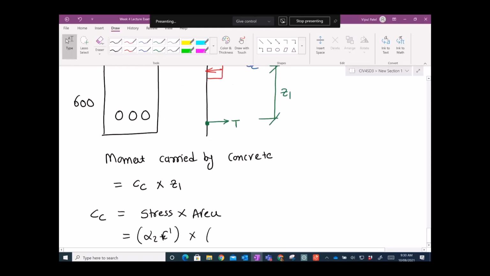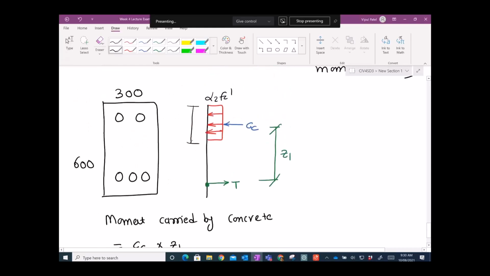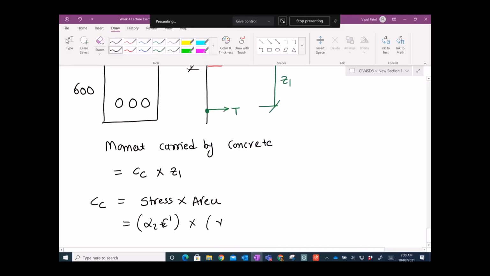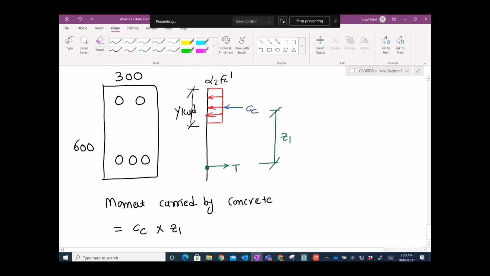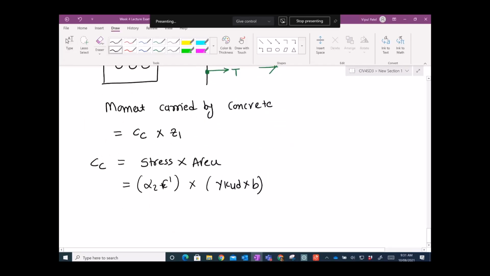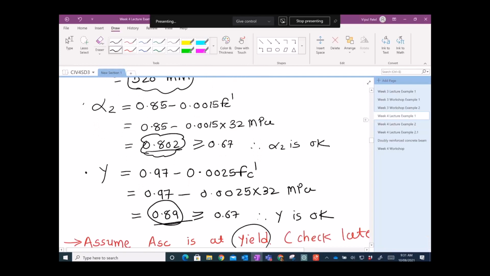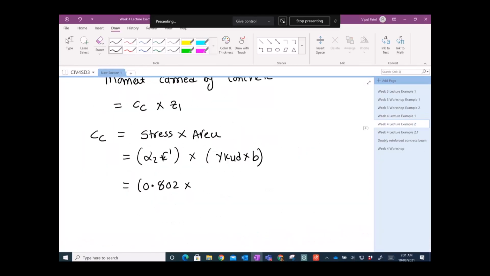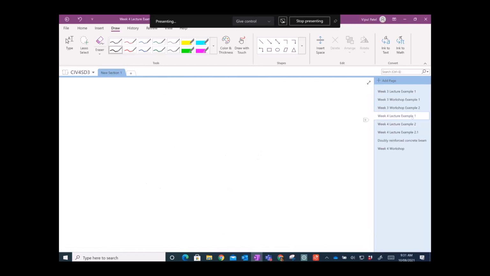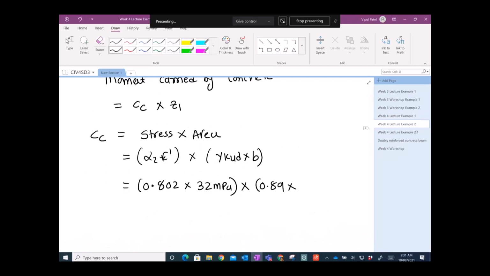Area is gamma ku d, the height, times the width b. Alpha 2 was 0.802, if you remember from our previous examples, fc dash is 32 megapascals, and gamma is 0.89, which we calculated.